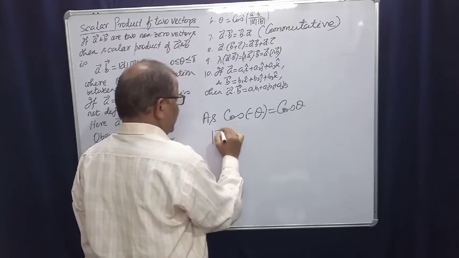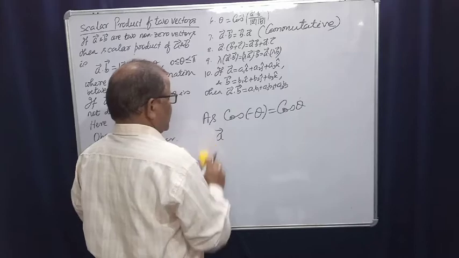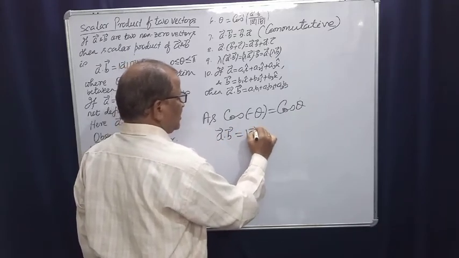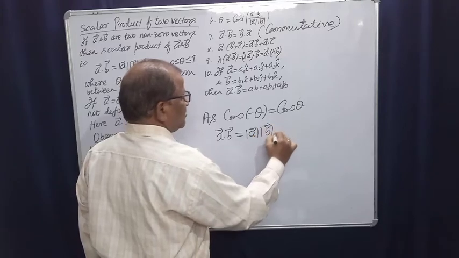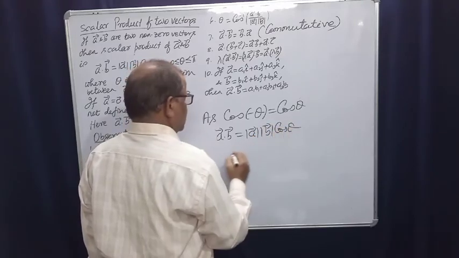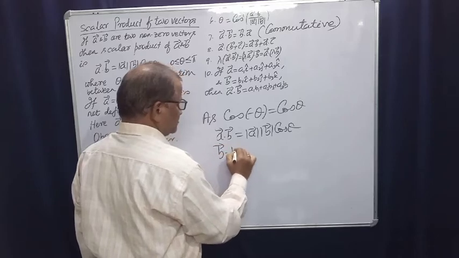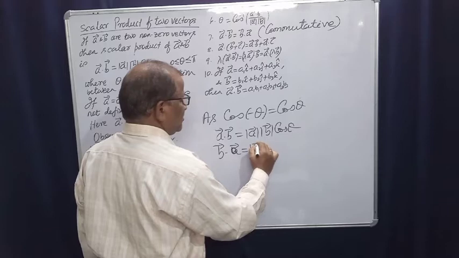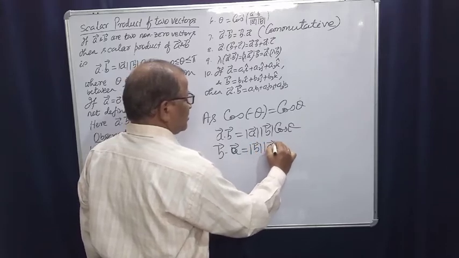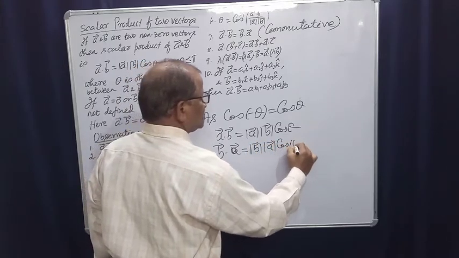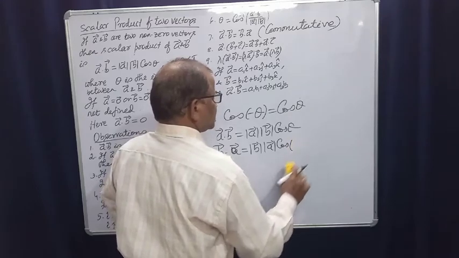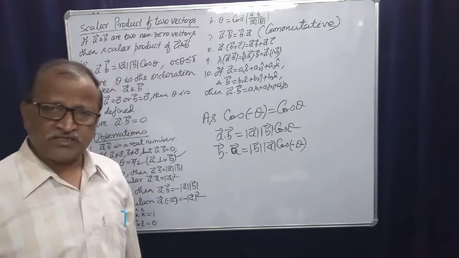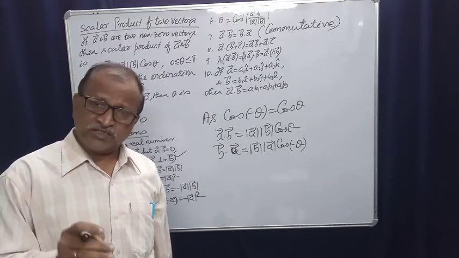Suppose A dot B is magnitude of A into magnitude of B cos theta. Then B dot A will be what? B dot A is magnitude of B, magnitude of A cos minus theta.